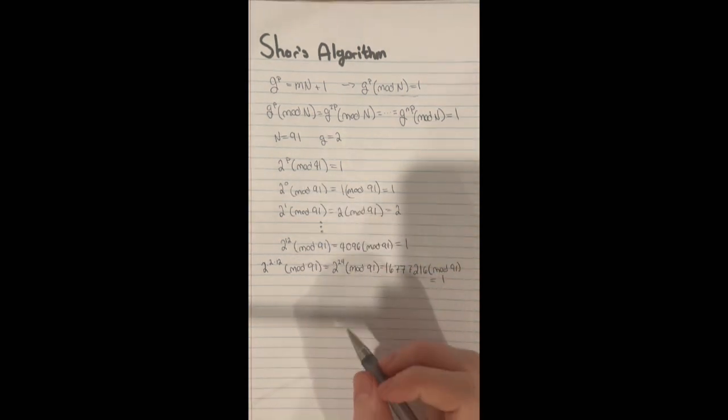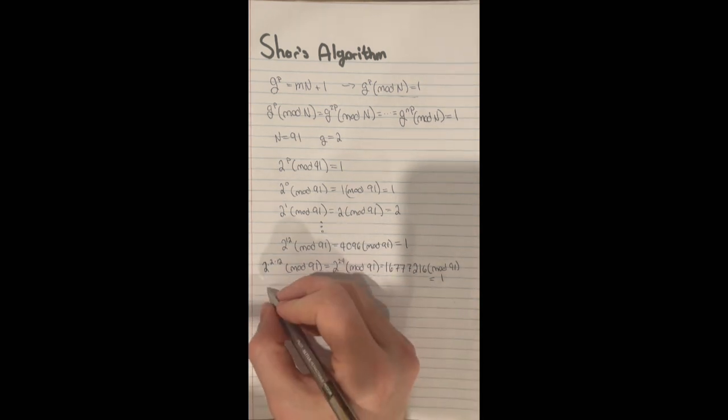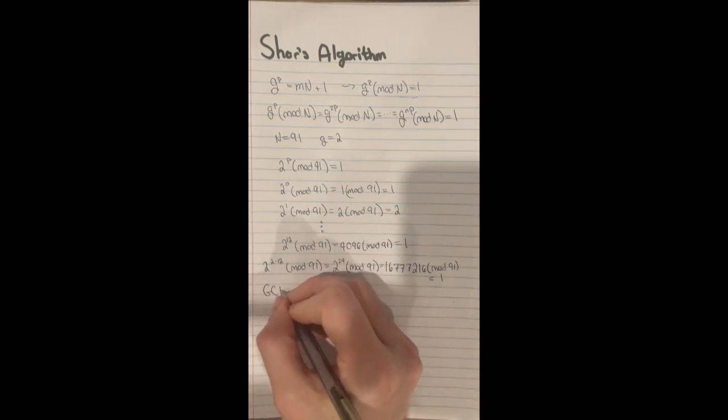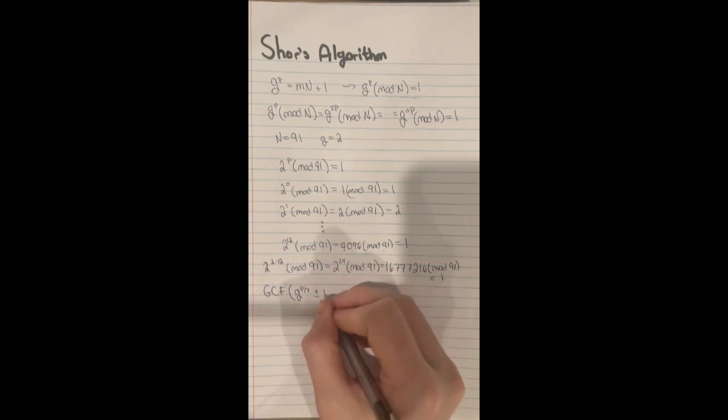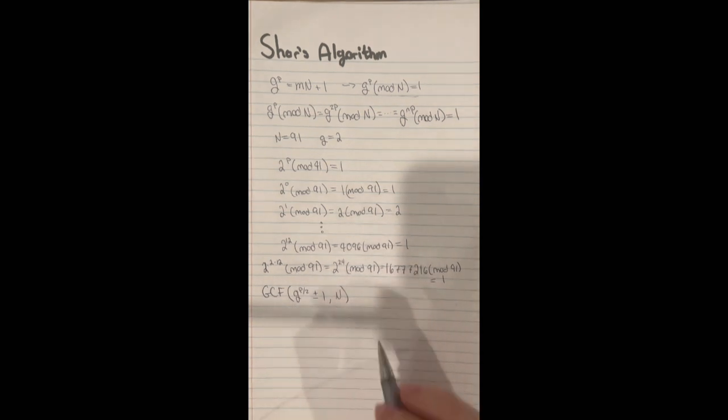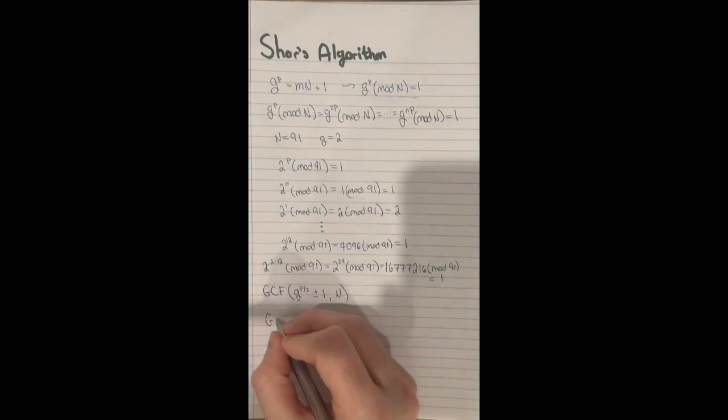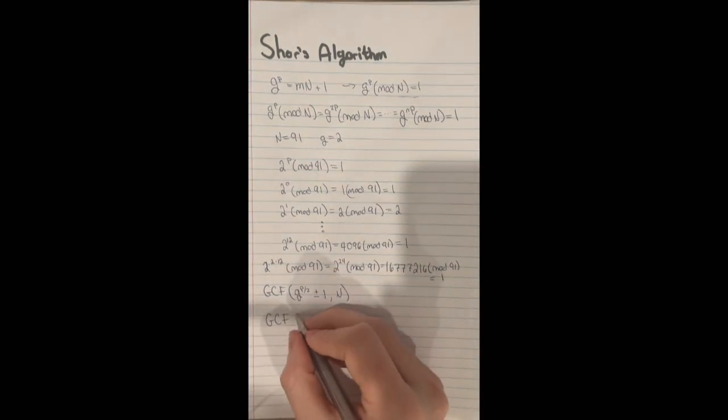find the period. And using what we had earlier, where we saw the GCF of g to the p over 2 plus or minus 1 and n, where we stated that at least one of these will give us a common factor with n, we can set this up with our value of p and g.